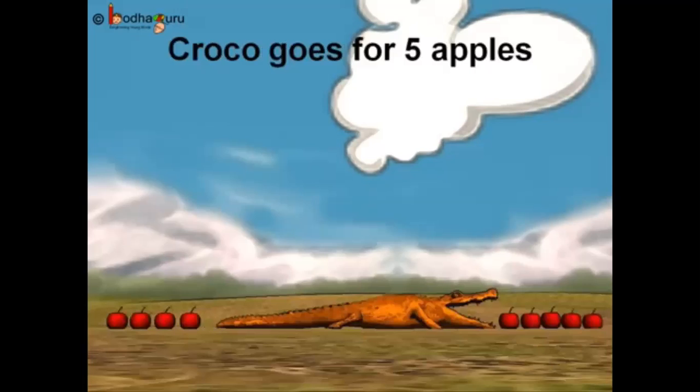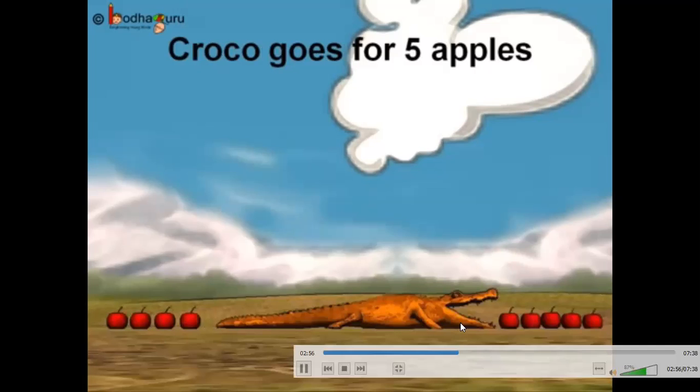Now there are apples. There are 4 apples and another side 5 apples. So which side will crocodile go? 5 apples, right? Because 5 apples are more, and crocodile likes to eat more. 5 apples are greater, or we can say that 4 are less than 5.